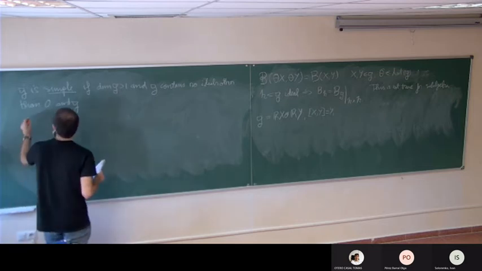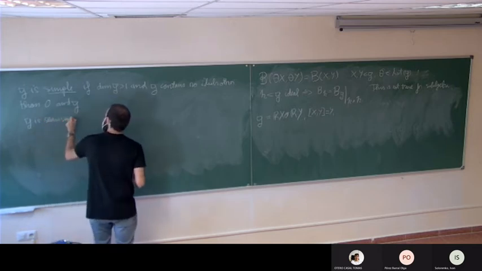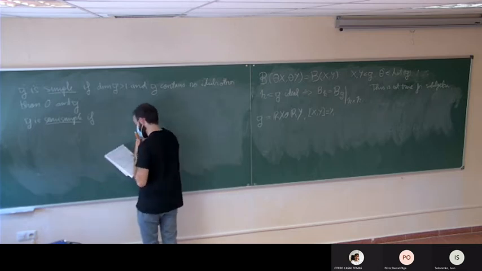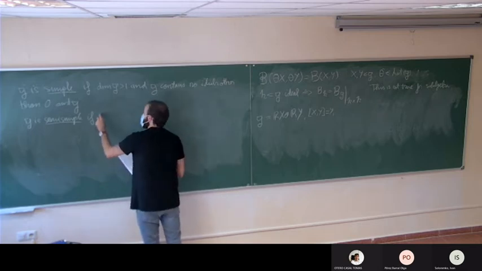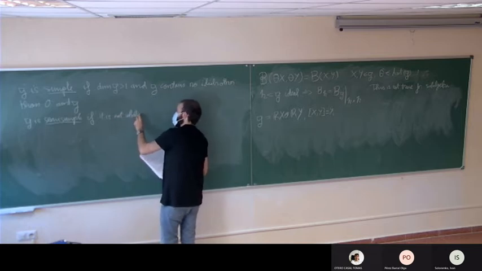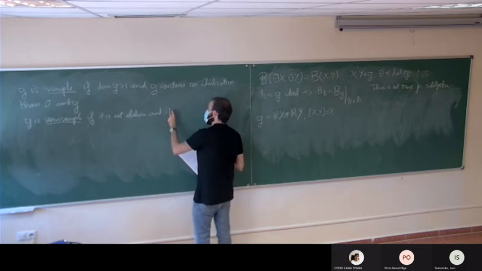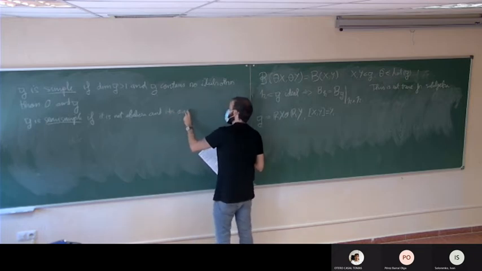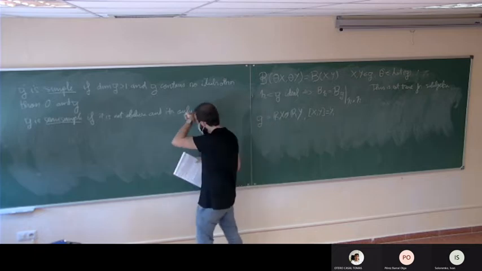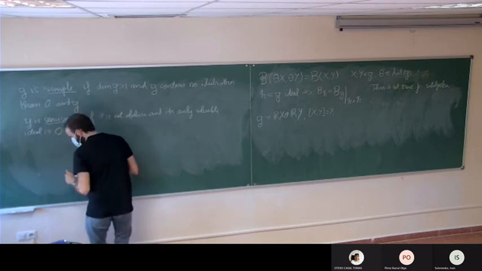G is semi-simple if it is not abelian and its only solvable ideal is 0.